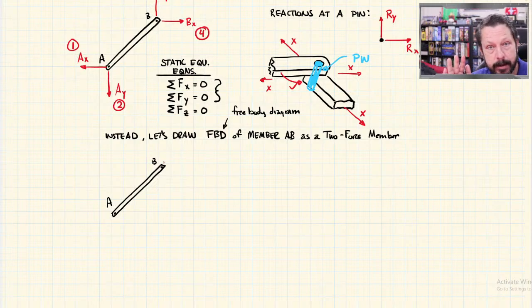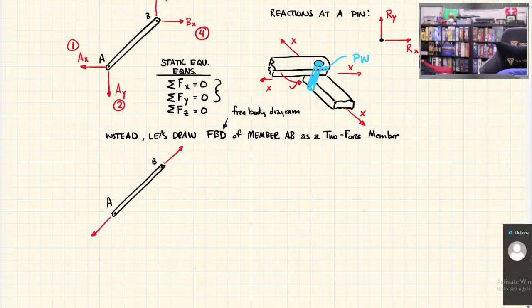When I draw the free body diagram, I'm only going to put the forces at joints. I'm going to make sure that everything's rigid. I'm going to make sure that I've divided all the long pieces up into individual little members. I'm going to do all that. Then I can say that this is the free body diagram for member AB.